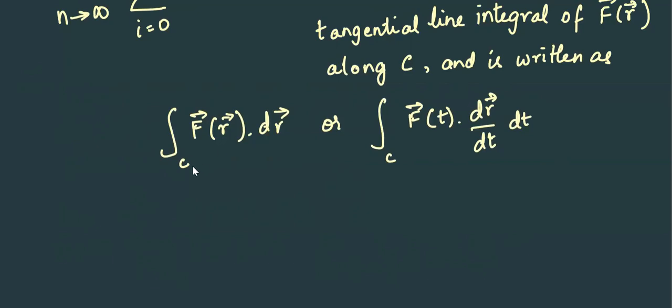So it is the projection of f along dr. So therefore, it is the projection of the vector function along the path of the curve. So each time there is a tangent there. So f dot dr gives that.